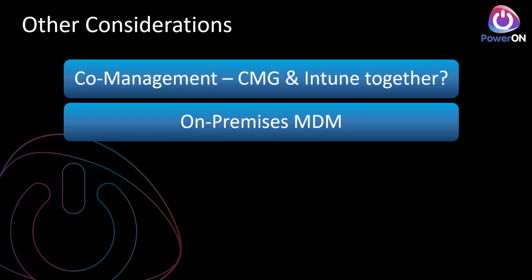You've also got an option for on-premises MDM, and it's an often forgotten option. In certain circumstances, and I'll be honest, it's not widely used, but as part of Configuration Manager you can use on-premises mobile device management, and the difference is that it's managing your devices through something called OMA-DM, which is how Intune manages devices. And you do also need Intune licenses to do this, but it basically means that the devices are not contacting the internet.